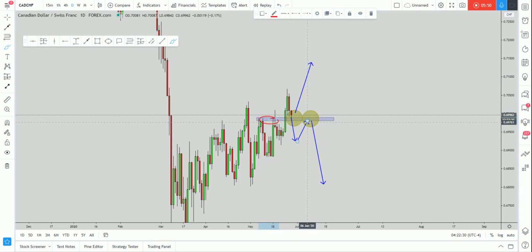Because this support will be turned resistance, we have the possibility to complete this impulse correction and impulse pattern to the downside, and we will have also this head and shoulders, as well as having the impulse correction and impulse pattern from a weekly and monthly point of view. So as usual, being reactive and not predictive.